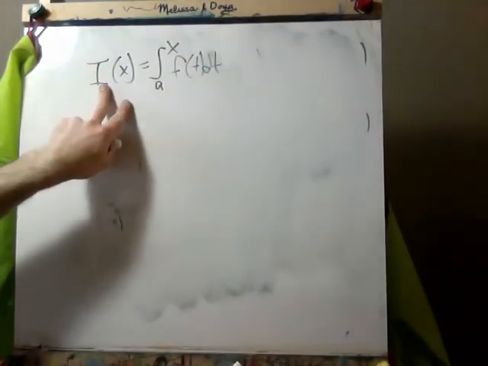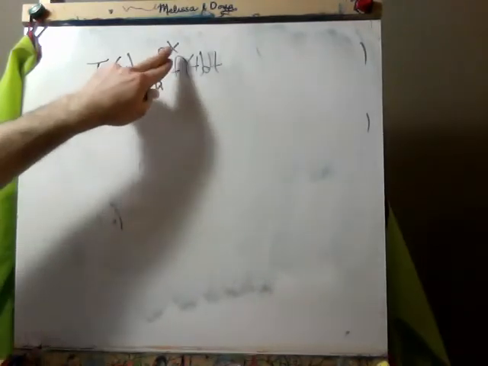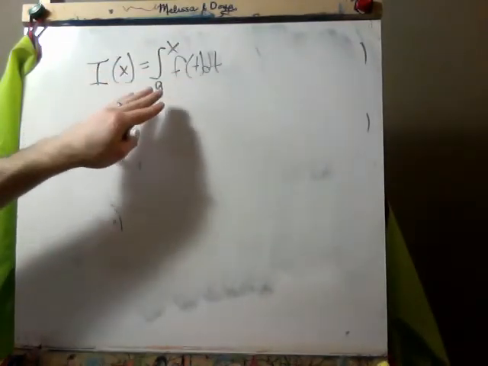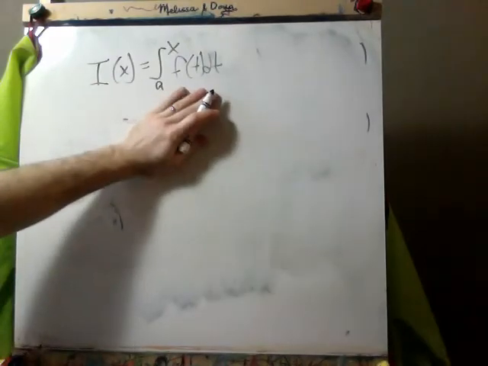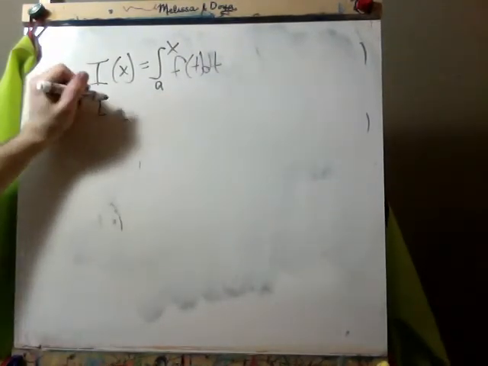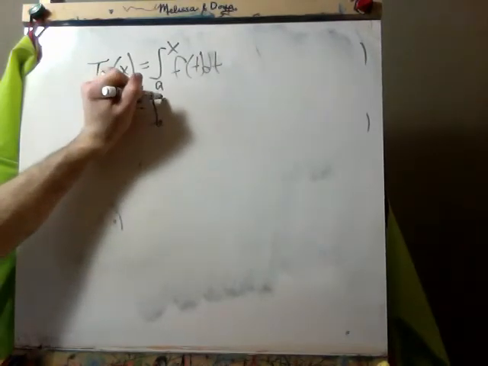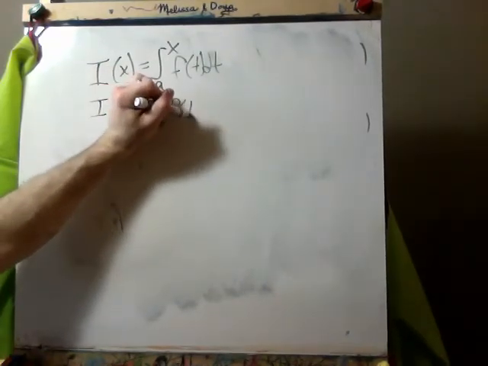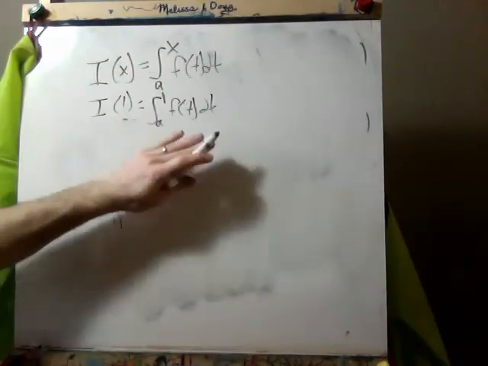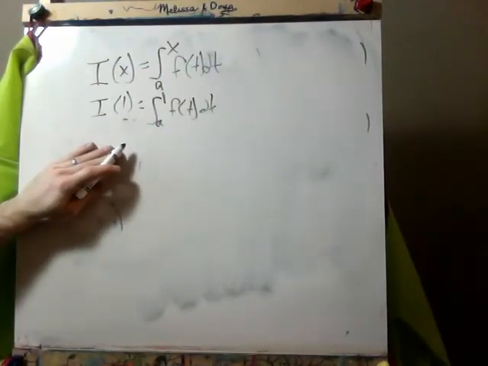What this means is, from a to some other value, I want to know the area under this curve. So if I say I of 1, then that's just the integral from a to 1 of whatever that function is. So it can be evaluated just like that.